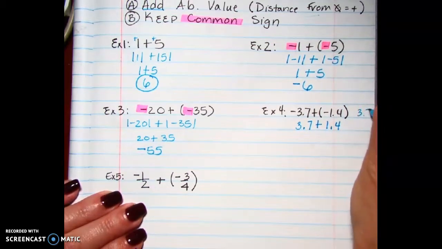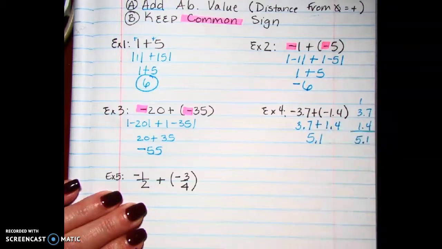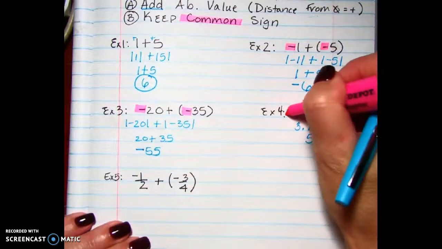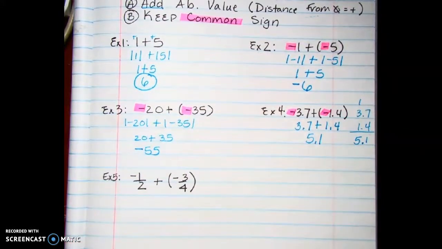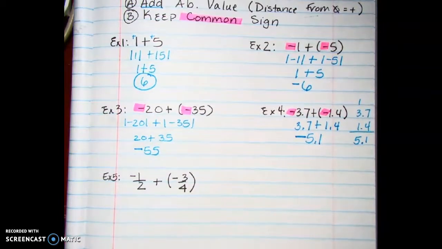Remember how we add decimals by lining up our decimal points, and then we bring it down. Now I go back and I look. What was my original? Negative. So it's actually a -5 1/10.